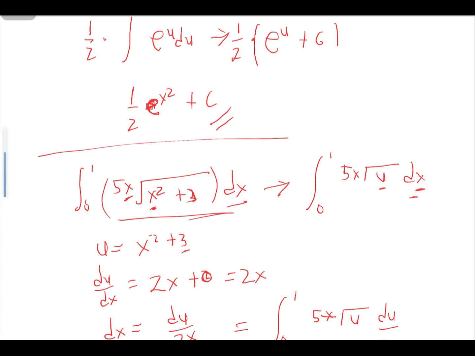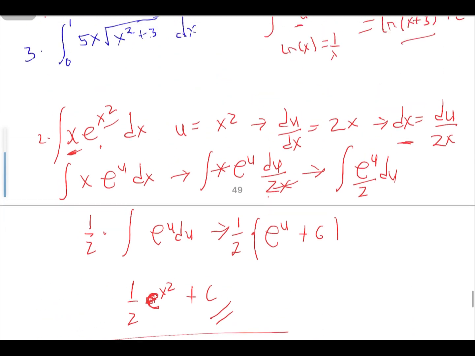But how do we use it? As you observe, you can see this is the derivative of this, and therefore substituting u with this will help to simplify the question, as simple as that.